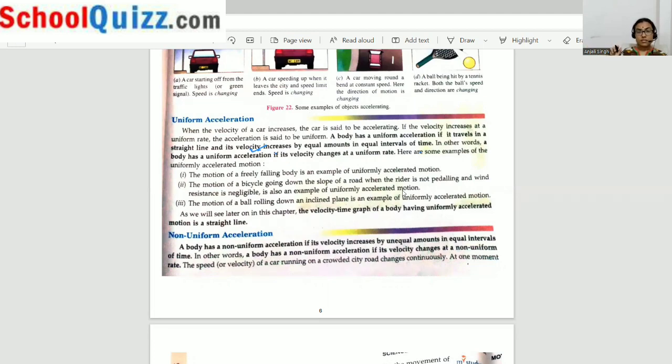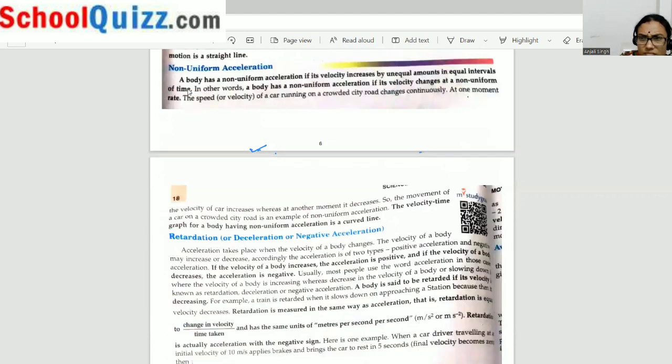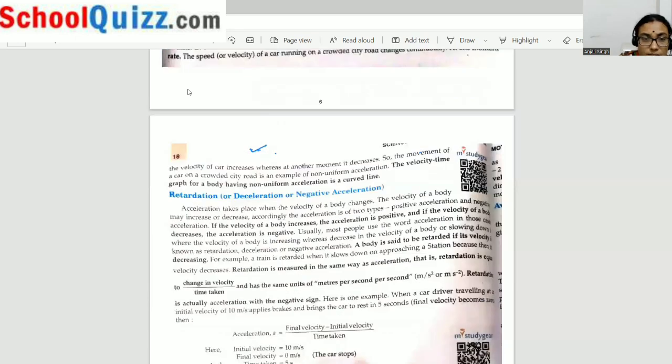So here the velocity changes by unequal amounts in equal intervals of time. That is non-uniform acceleration. Clear, everyone? There the velocity is changing equally; here it's changing in unequal amounts. Clear?